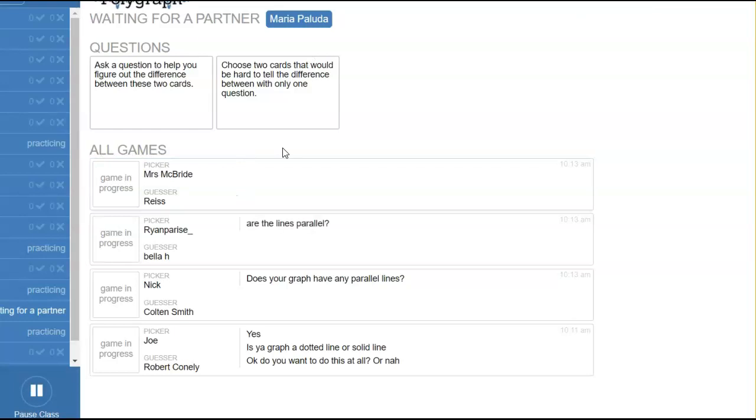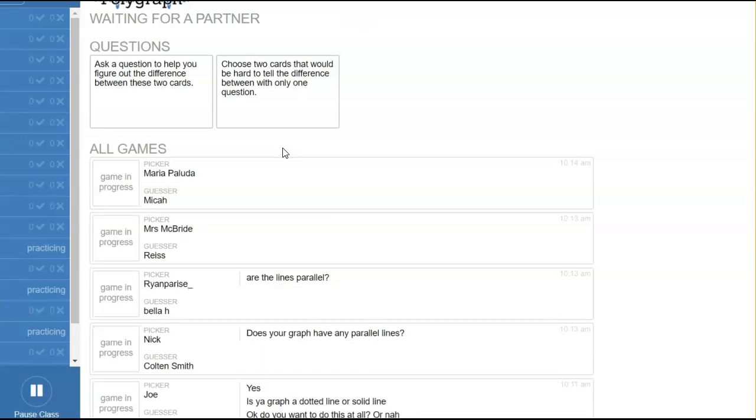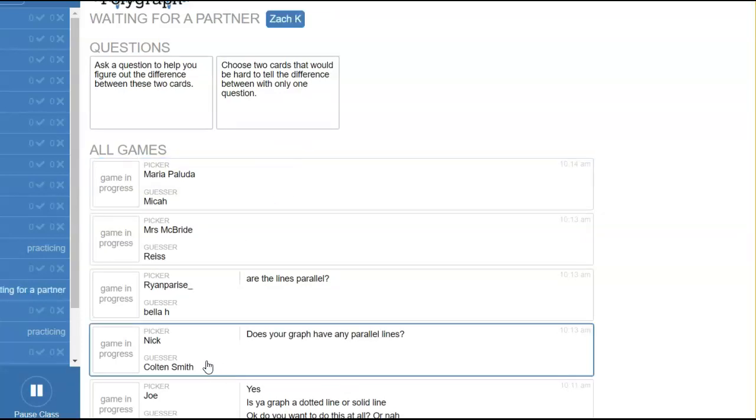So you're going to pick a graph, and then you are going to respond yes or no answers to your classmate. So one of you is asking questions, and the other one is answering. So like I could see, like Ryan said, are the lines parallel? And so did Nick. And then like Joe is giving his answers.